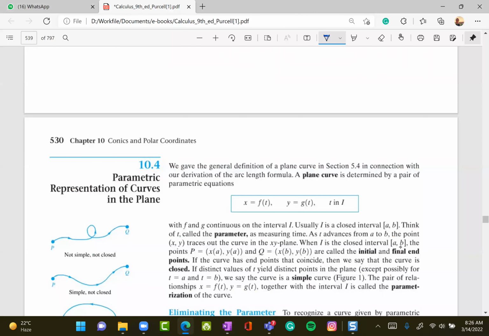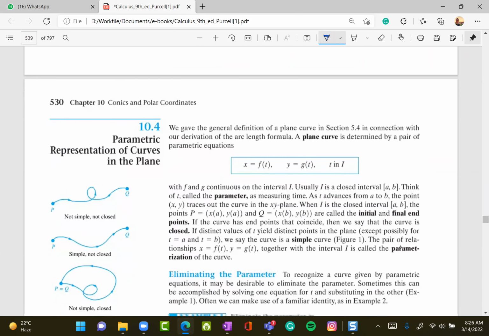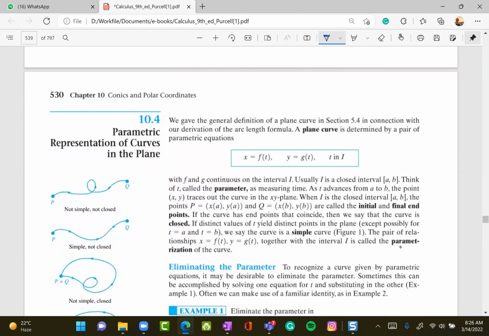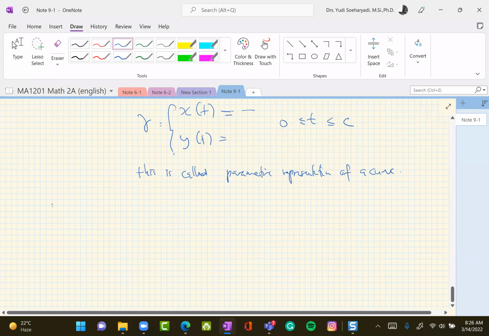So x is defined by a function f of t, and y is described as g of t in some interval. All right, let's do an example.